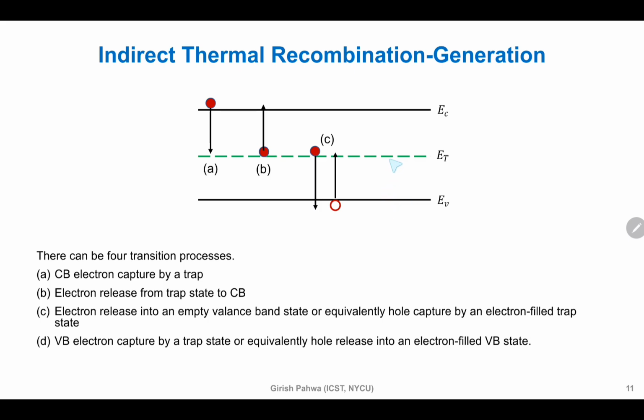Electron going from here to here is equivalent to a hole going from here to here. So there can be these 4 possibilities, and all of them are going to contribute to this recombination generation process.